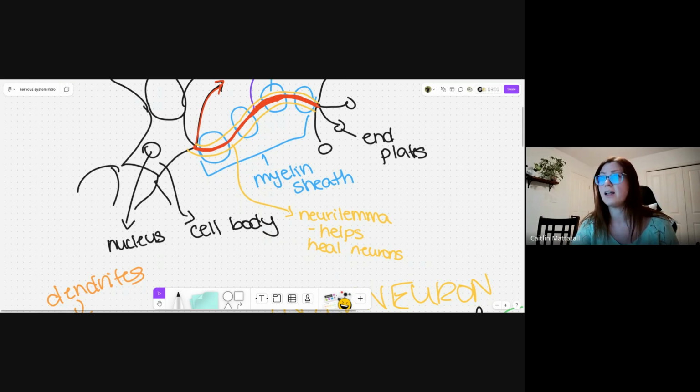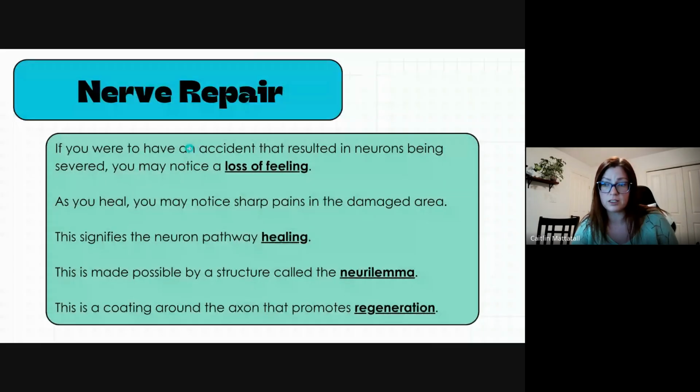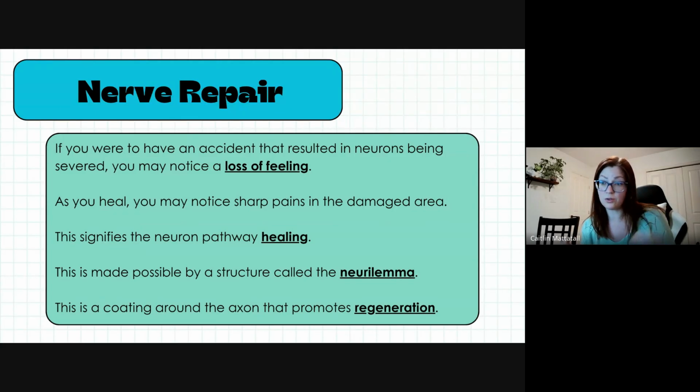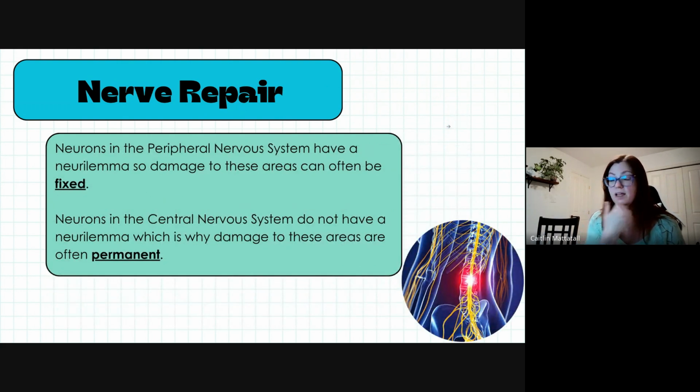And because of that, most of the injuries that happen in the central nervous system, in your brain and spinal cord, are going to be permanent. Because if we damage these axons and we cut them in half, we don't have this neurolemma, so those axons usually cannot fix themselves. So again, that's one of the reasons why central nervous system, spinal cord injuries, or brain injuries are usually permanent injuries.